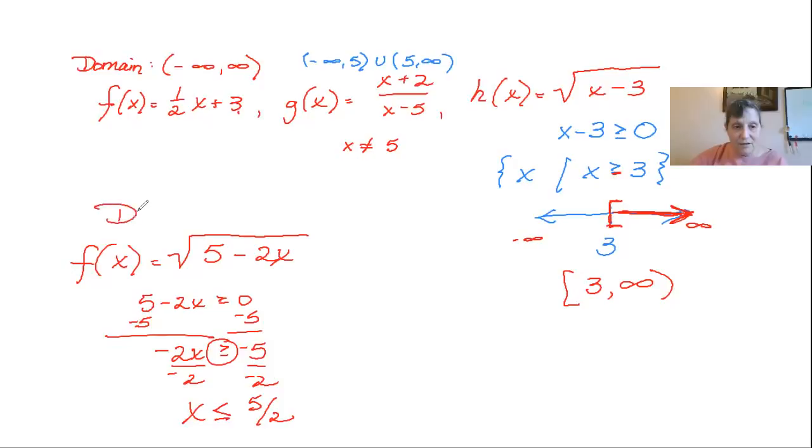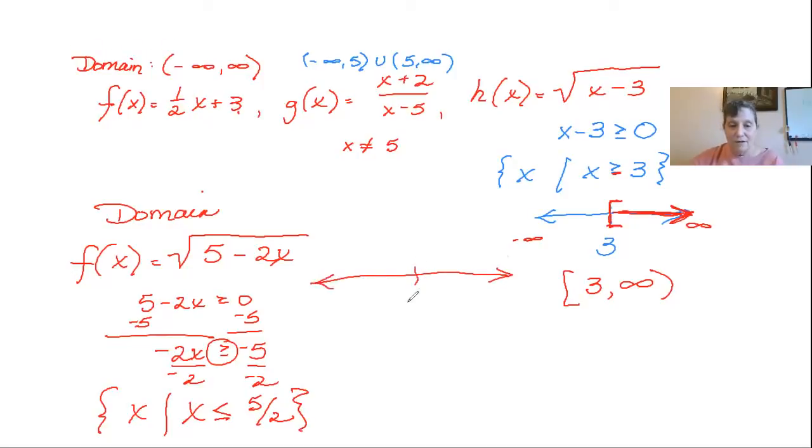So now notice I'm not finding any kind of function values. I'm not getting y values. I'm only looking at the x values that I can use to figure out, first of all, what can I plug in. So my set notation is just the set of all x's such that x is less than or equal to 5 halves.